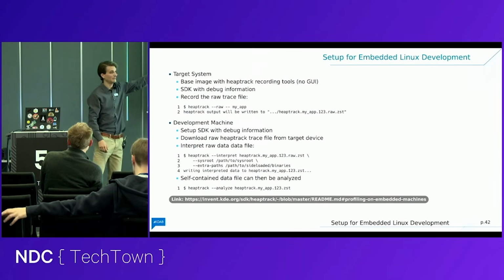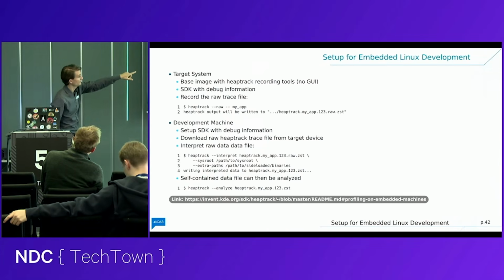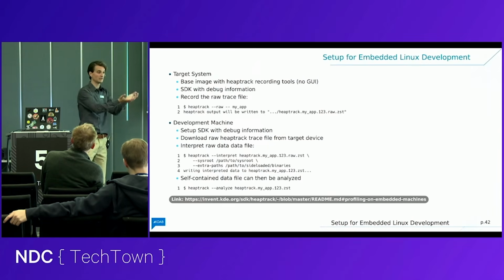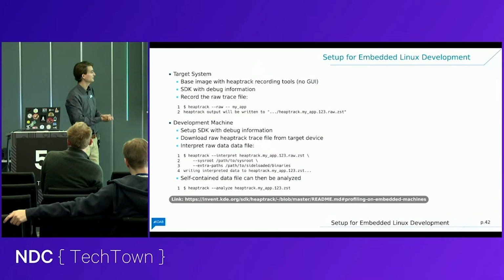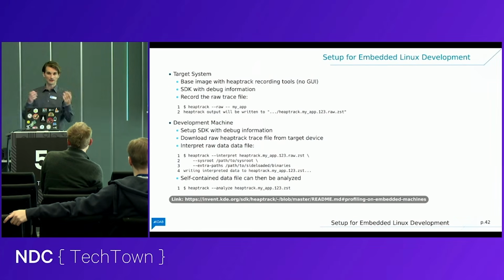You pass the paths to your sysroot, your side-loaded application, you name it. And then you pass --interpret to take the raw file and produce one of these fully interpreted, self-contained data files. And that one you can then visualize on any machine, basically.